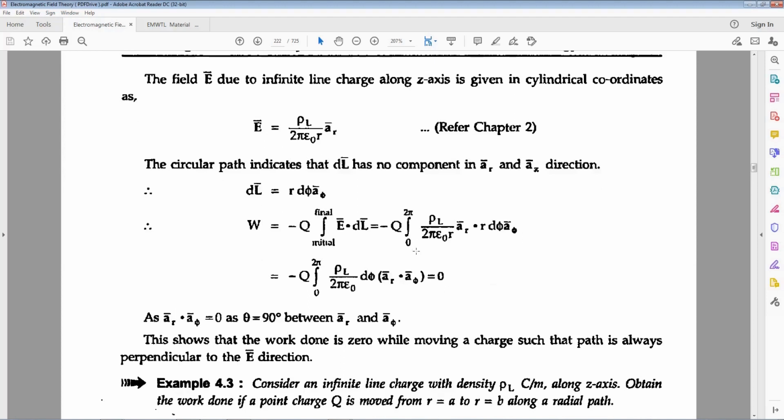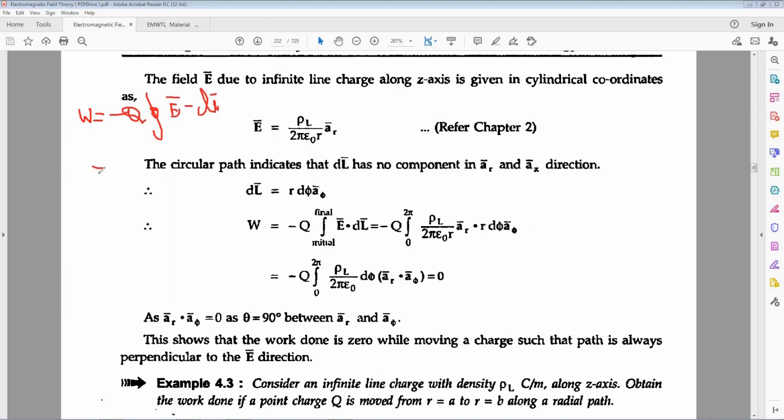Next, E bar is equal to rho L by the 2 pi epsilon naught r into a r bar, for the infinite line charge along the z-axis in the cylindrical coordinate system. So using the work done, W is equal to minus Q integral E bar dot dl bar.